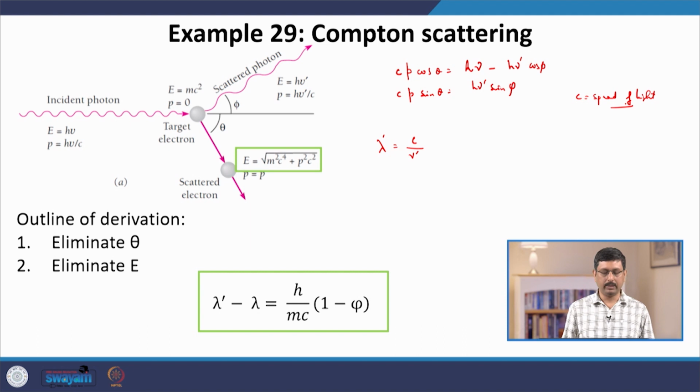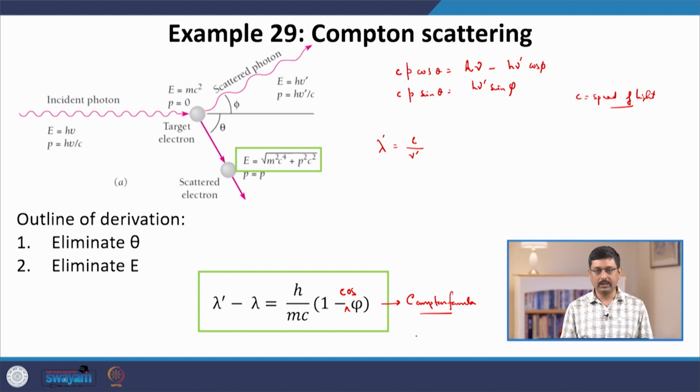Work through the algebra and show that the change in the wavelength of this X-ray due to the collision with the electron is given by this particular expression, which is known as the Compton formula. There is a typo in this equation; this should be a cos phi.